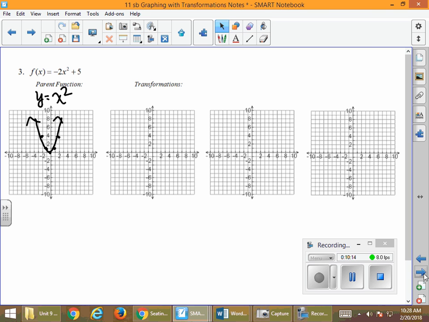But then we need to identify what's happening to the graph. The first thing that's happening to the graph is that there's a negative in front of the function. And the negative is separate from the 2. How does that negative impact our graph? Well, it reflects it over the x-axis.